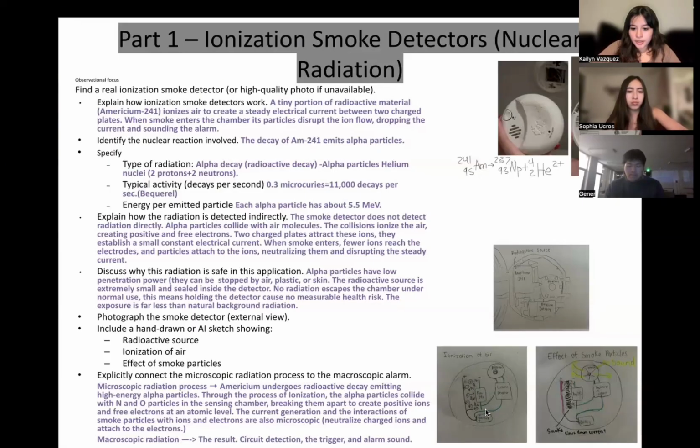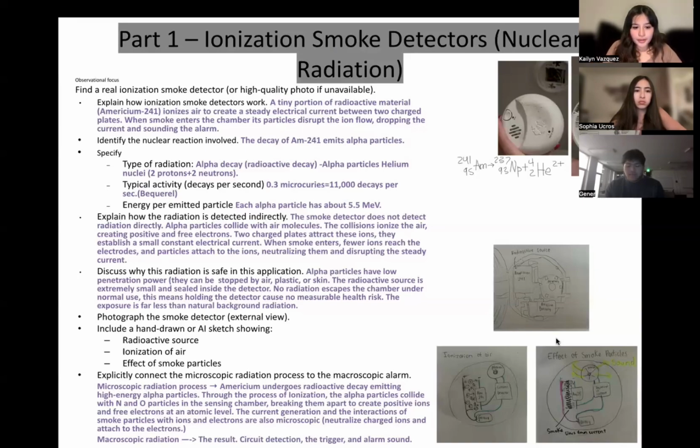So here the detector is not detecting a slow current, so the alarm is not sounding here. But here you can see the smoke enter and it's disrupting the current. Therefore, the detector picks it up and sounds the alarm.